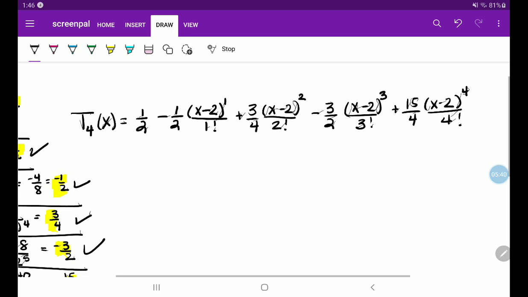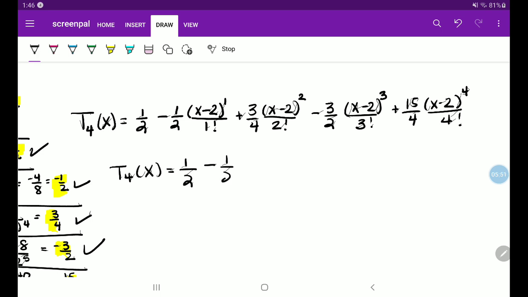Now I just need to go ahead and clean up these factorials and these products. All right, so we have 1/2 minus 1/2 times x minus 2. You're not going to distribute anything. You're going to still leave things with parentheses. Same thing over here. So we're going to have our 3/4. We have this x minus 2, but we have a 2 factorial.